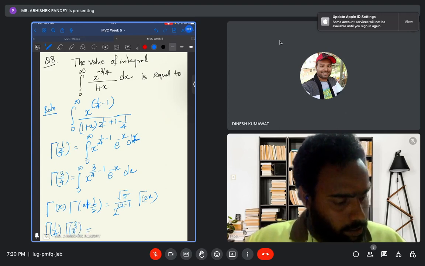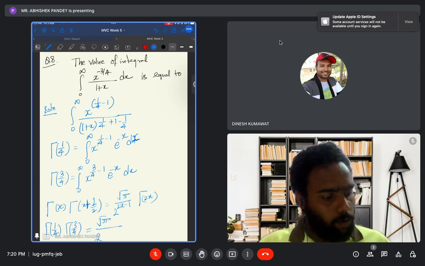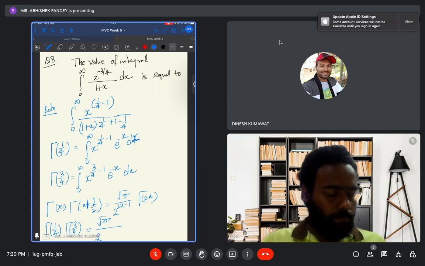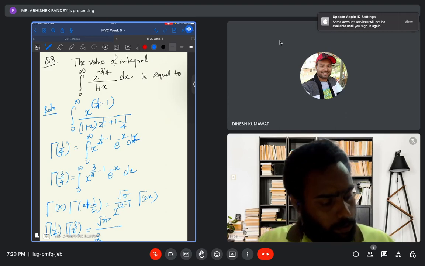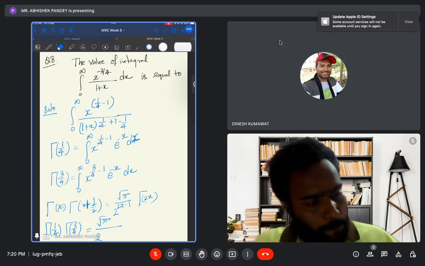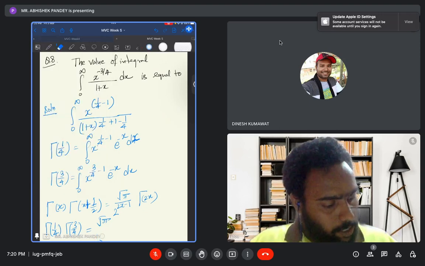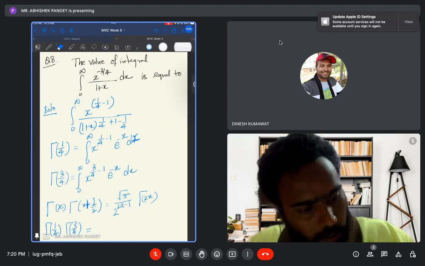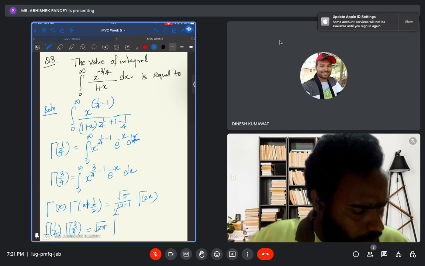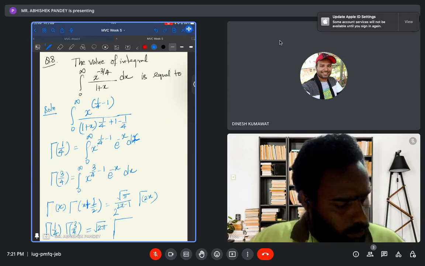You will get root pi, 2 to the power of minus 1 by 2, so this will go upward, so root over 2. Just let me know if I am doing the calculations correctly. Under root 2 pi gamma of 2 into x, so this is 1 by 2.